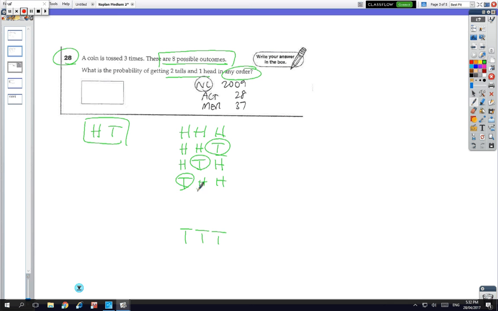There's the 1 tail, and then we're going to have 2 tails and a head, and so 1, 2, 3, 4, 5, 6, 7, 8. So there's your 8 outcomes, and the question's asking for 2 tails and a head in any order. So the head is first, the head is second, the head is third, and so there's 3 outcomes. So the answer is 3/8. Okay, come across when you're ready.